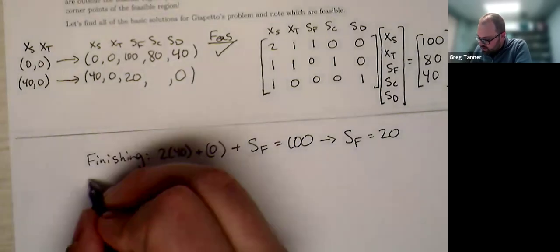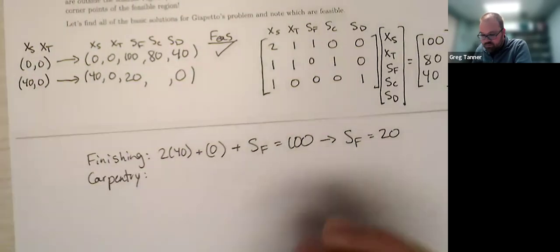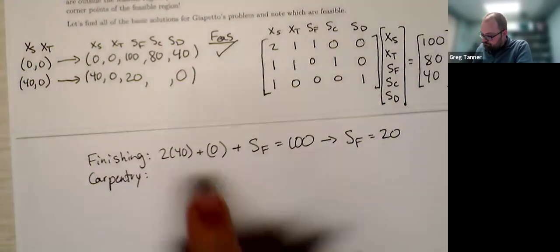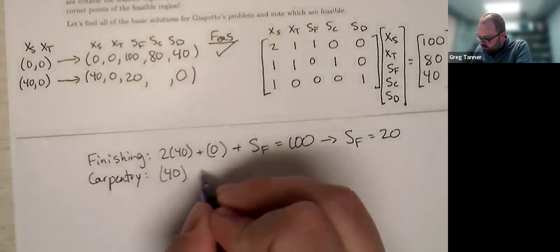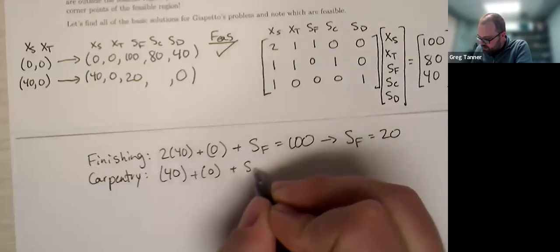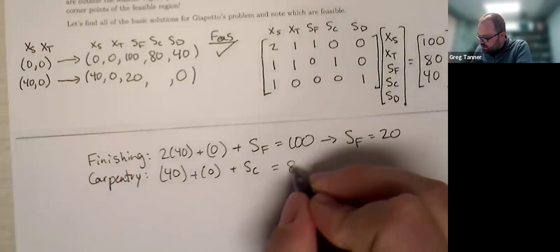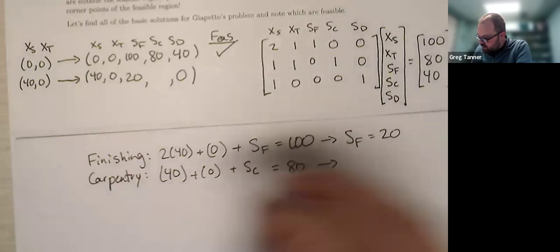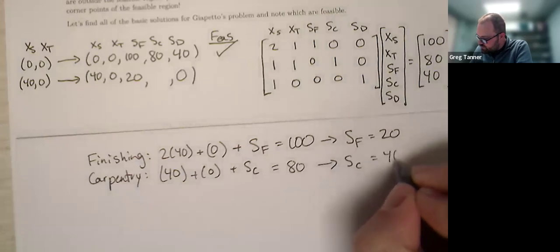If I look at carpentry, I've got 40 and 0 plus S carpentry equals 80. And subtracting 40 from both sides gives me that SC equals 40.